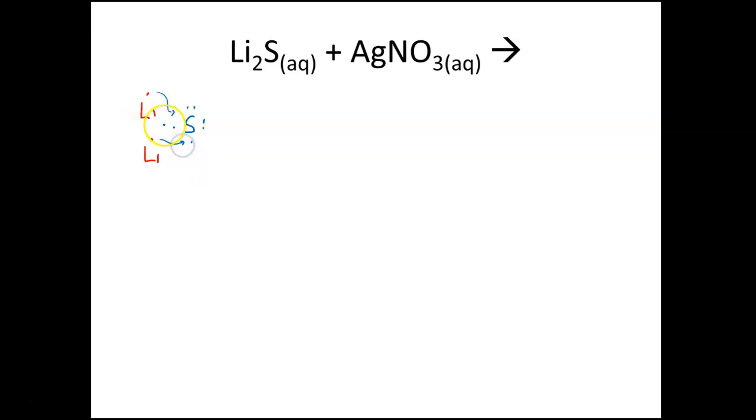We know that the reason sulfur requires two lithiums is because it has 6 valence electrons, and it wants to gain 2 more, and lithium can only lose 1. So there we have that. In the next reactant, we see that we have silver. Silver, remember, always has a positive charge. Let me make sure that's in red.